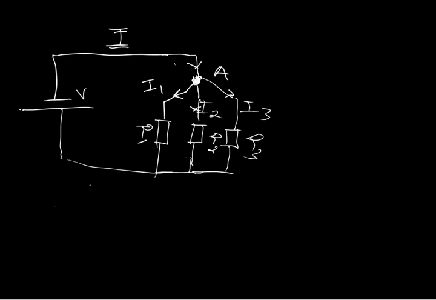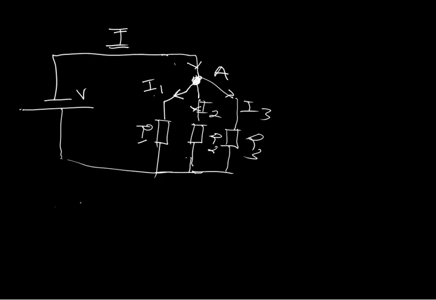So the only way the algebraic sum of the current entering a junction and the algebraic sum of the current leaving the junction can give zero is if the sum of the current entering the junction is equal to the sum of the current leaving the junction.